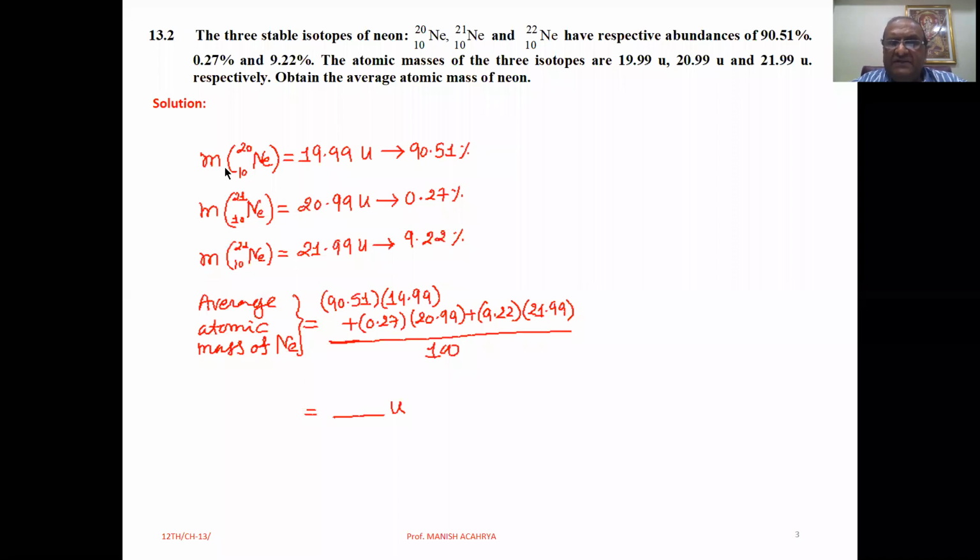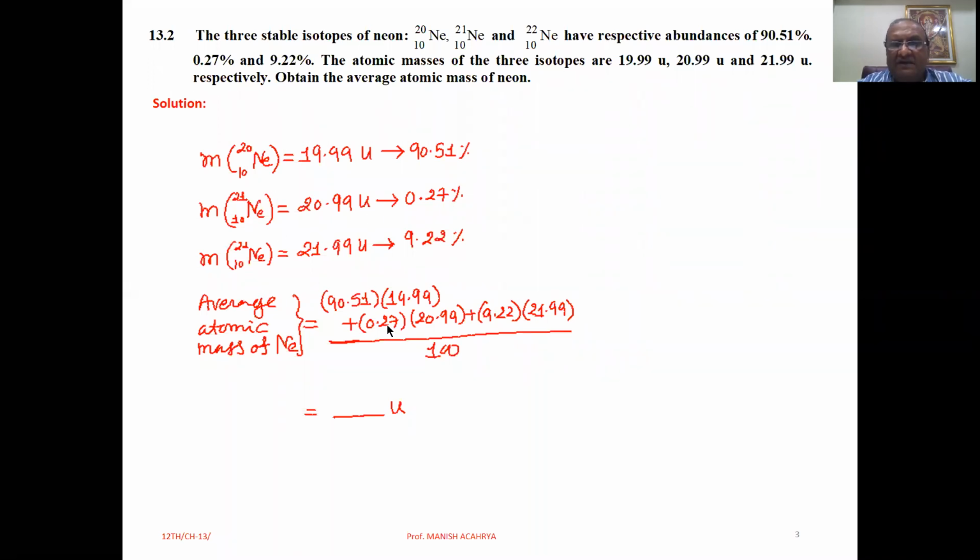Now mass of these three isotopes and their abundances are given to you. So you can write now average atomic mass of neon, that is 90.51%, that is 10Ne20. So 90.51 into mass of 10Ne20, 19.99. Then after 0.27%, that is 10Ne21.